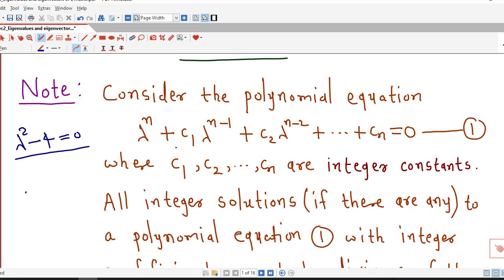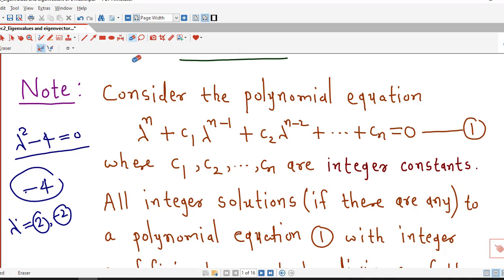So as per this note, if there is any integer value of lambda which satisfies this equation, then it must be a divisor of this constant term minus 4, and we know that the solutions of this equation are 2 and minus 2, and both are divisors of minus 4.